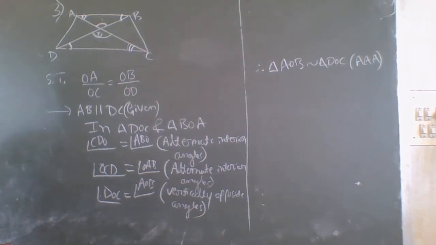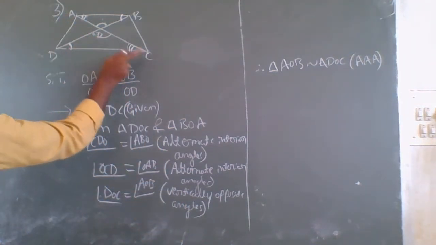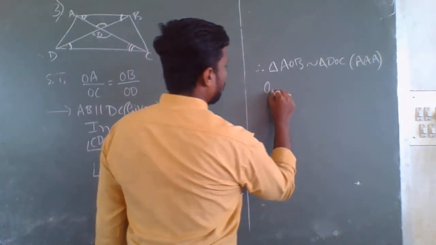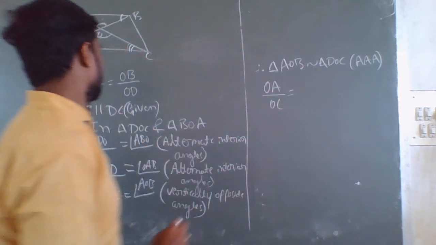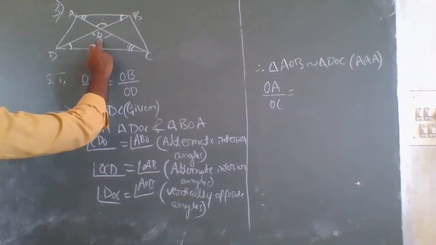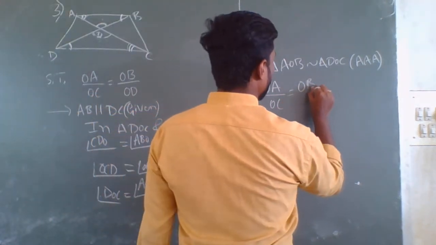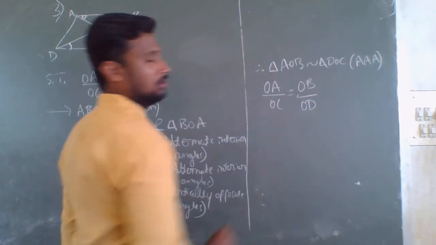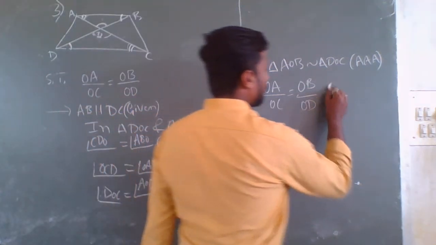So now we can write OA by OC is equal to OB by OD, because we know that corresponding sides are proportional.